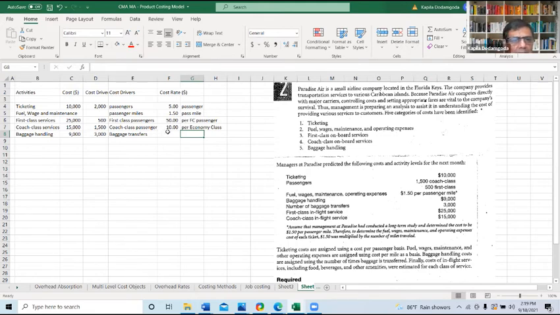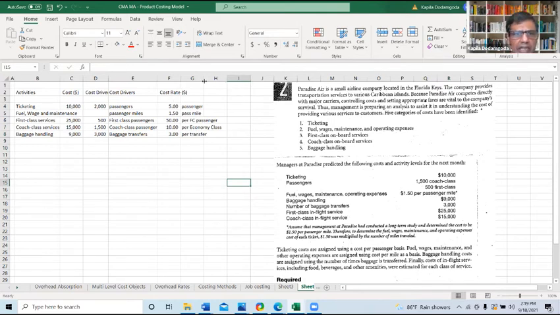And then finally, baggage handling, this divided by the number of transfers, per transfer. Right, so this is what we do. So these are the different activities involved: cost driver units and the cost per cost driver.